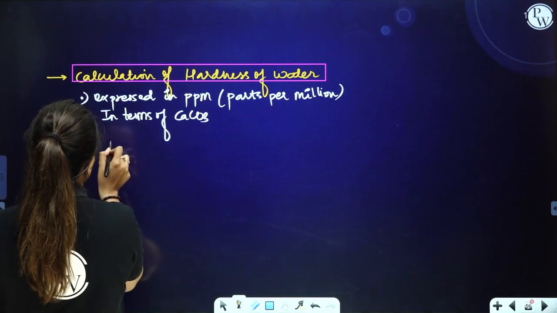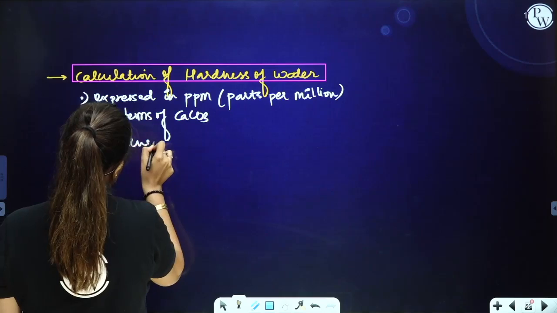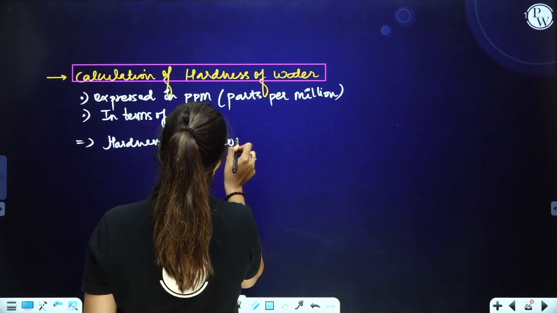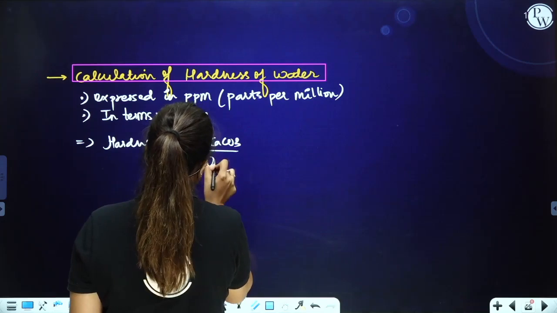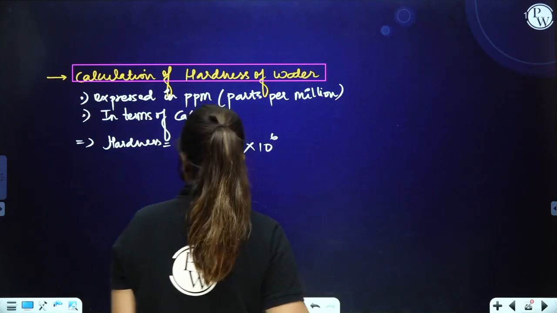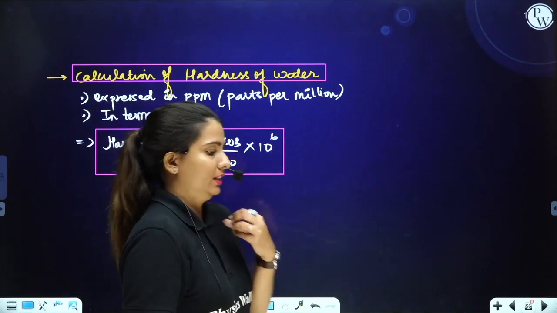So how do you calculate hardness? You take the weight of calcium carbonate, you take the weight of water, and you multiply that with 10 to the power 6, and you get your hardness in numbers.